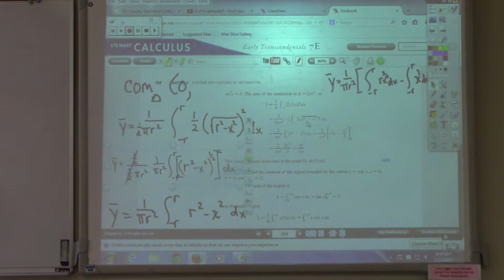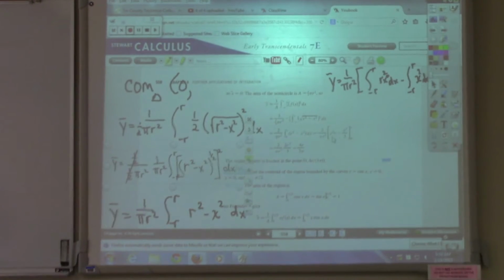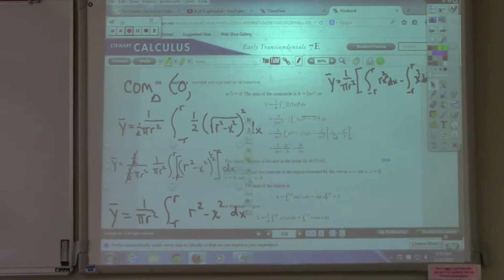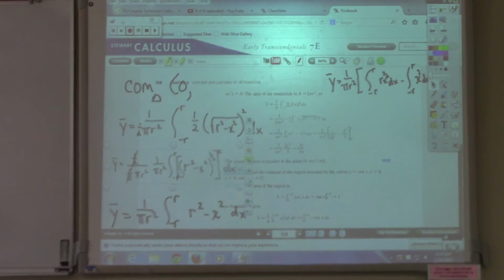Well, let's say U is equal to r squared minus x squared. I'm just talking out loud. Or right here, you can use U substitution here. They did something here, and like you said, the 0 to r changed. It was negative r to r.